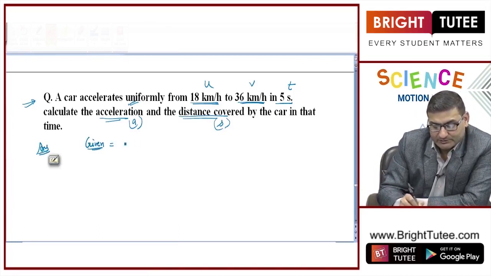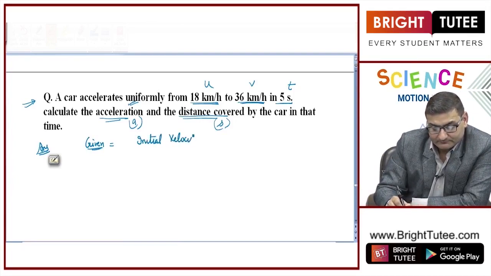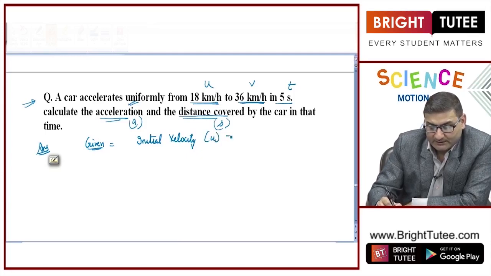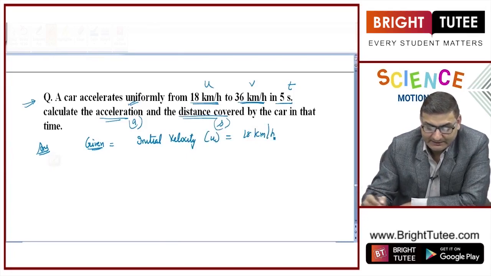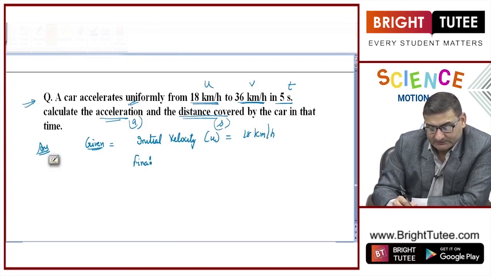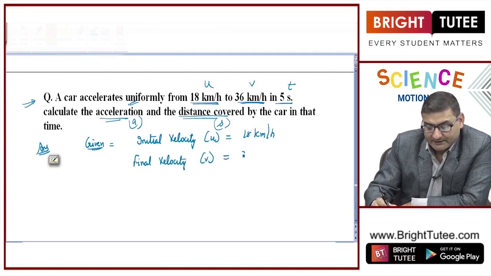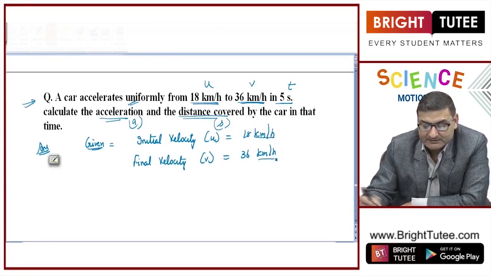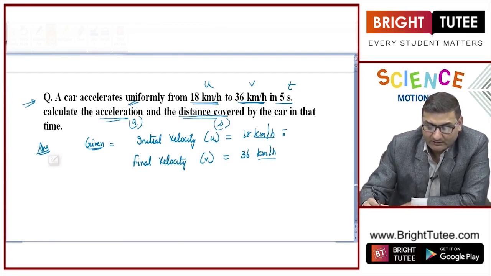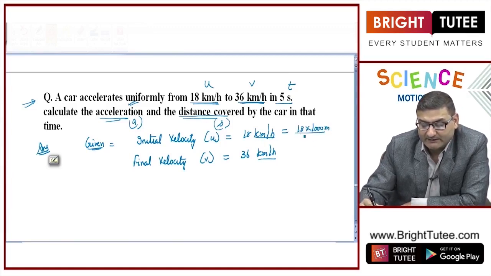Now, given to me in the question is the initial velocity of the car, small u, which is 18 kilometers per hour, right? And the final velocity, small v, is 36 kilometers per hour. These are in kilometers per hour. We need to convert them. How? Same fundamental, 18 into 1 kilometer, that means 1000 meters, divided by 1 hour, that is 3600 seconds.